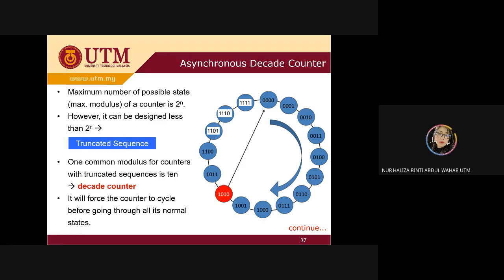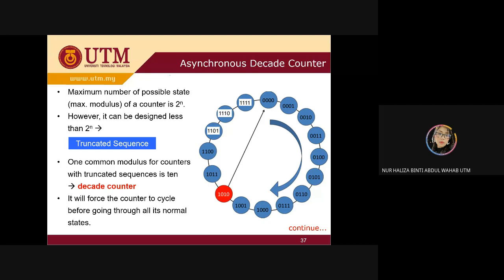Okay, let me proceed with our unsynchronized decade counter. So there are also possibilities. You can see here you should have the transcended sequence. The maximum number normally for your counter should be 2 to the power of n, the number of your states.